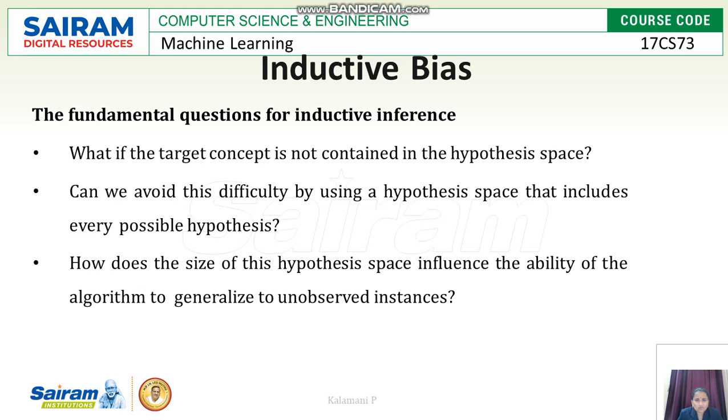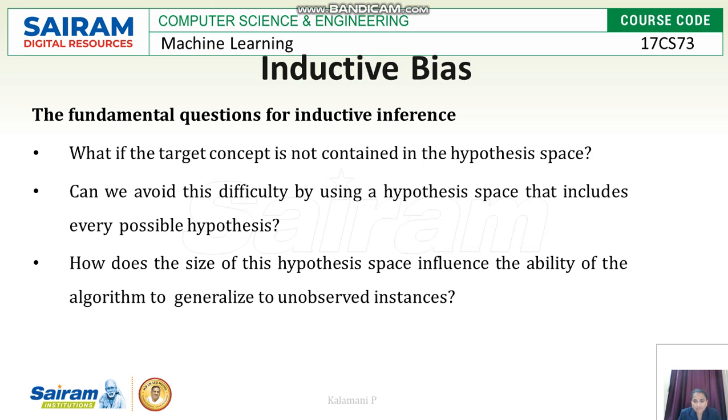The fundamental questions for inductive inference are: what if the target concept is not contained in the hypothesis space? We already said that initially we take the target concept as within the hypothesis space. Then for each training example we check the consistency. If it is consistent, we keep it; otherwise we eliminate it.